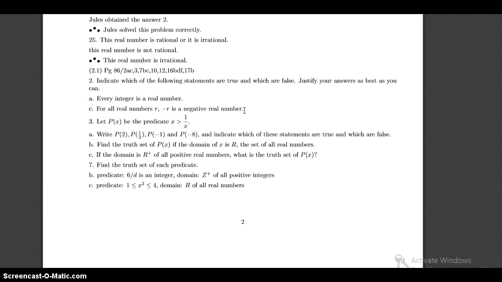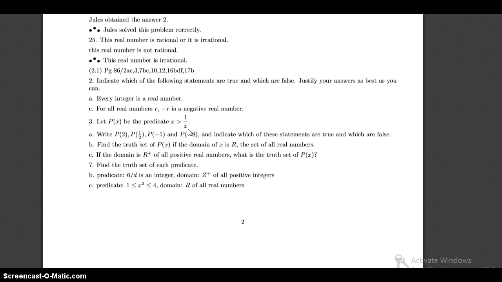Number 3, let P of x be the predicate x greater than 1 over x. X here is a number, any number, and usually you can see x shouldn't be 0, because if x is 0, 1 over 0 is undefined.